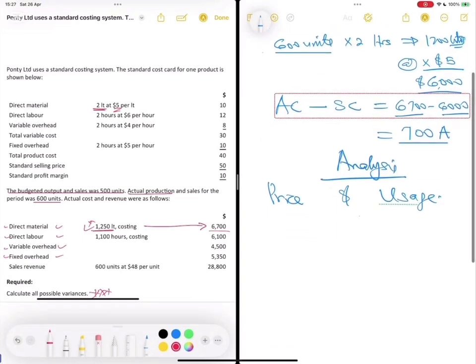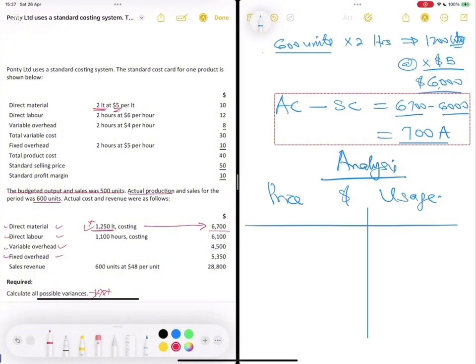Right. And we said price is about answering this question of, did we pay a different price than we plan to pay for the actual material quantity consumed? Did we pay more than we planned for the actual material quantity we consumed? So what is the actual material quantity that we consumed?